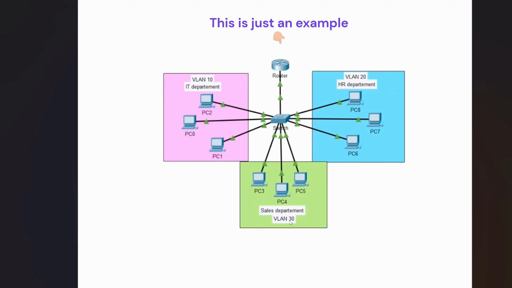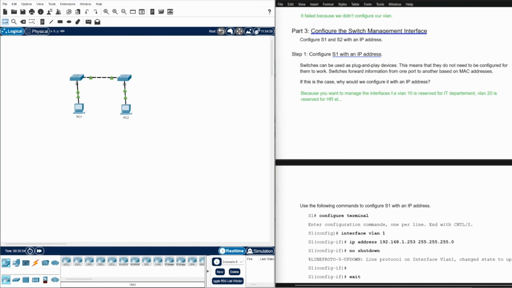So VLAN 30 is reserved for the sales department. So in the switch management, we configure VLAN 10 for the IT department, VLAN 20 for the HR department, and VLAN 30 for the sales department. Okay? Let's go back to our Packet Tracer.